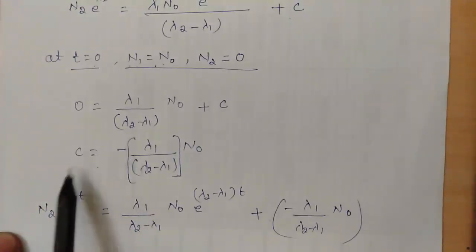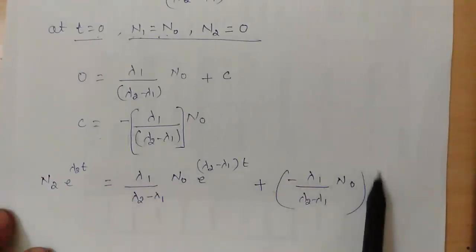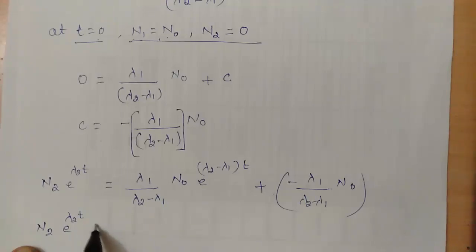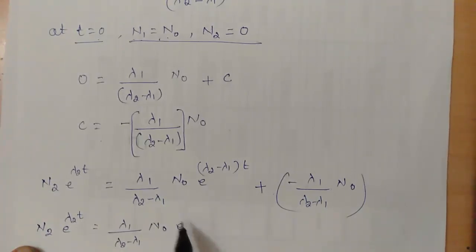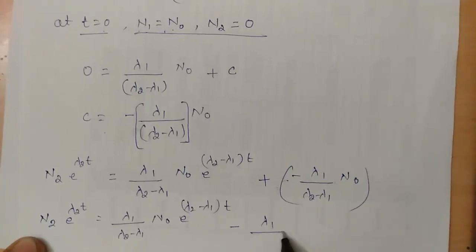Here we are substituting the value of C, so the resultant equation obtained is this. Further simplifying, N2 e^(λ2 t) is equal to λ1 divided by (λ2 − λ1) into N0 e^((λ2 − λ1) t) minus λ1 divided by (λ2 − λ1) into N0.